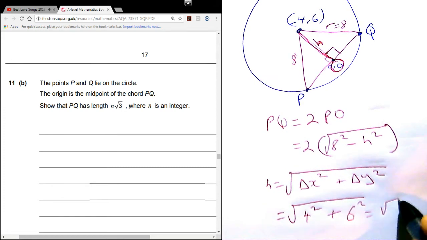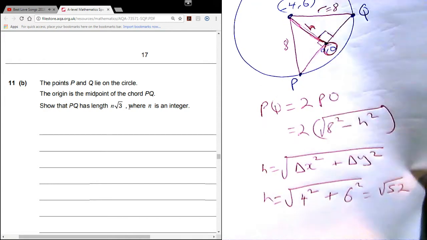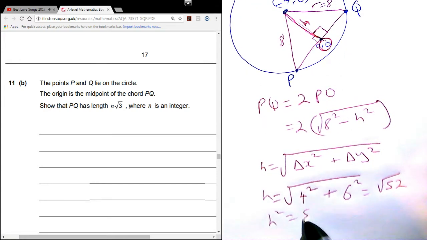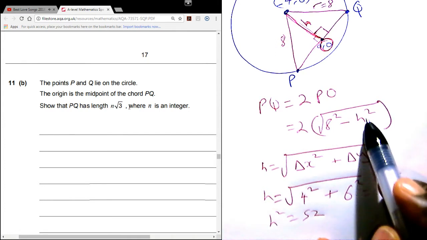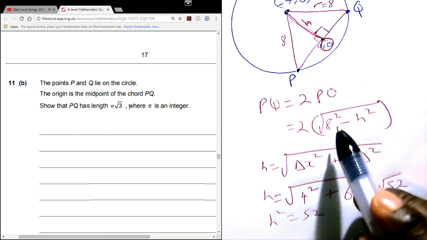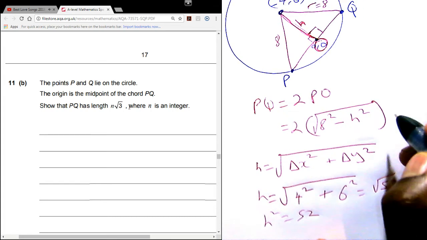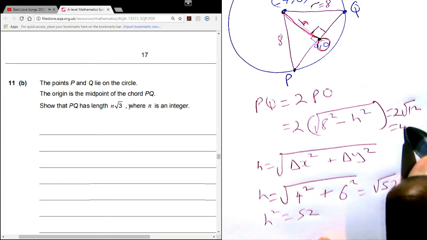And that gives you the square root of 52. So h is square root of 52. That means h squared is 52. So if h squared is 52, put that there. This is 64, take away 52, and that gives 12. So square root of 12, 2 times root 12, right? So that's 2 times root 12, and that gives you 4 times root 3.